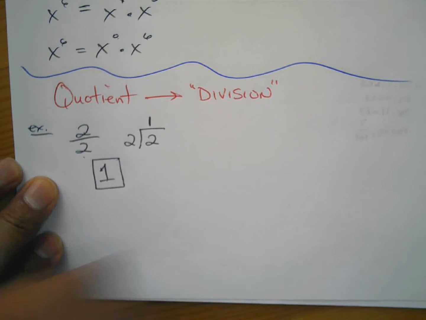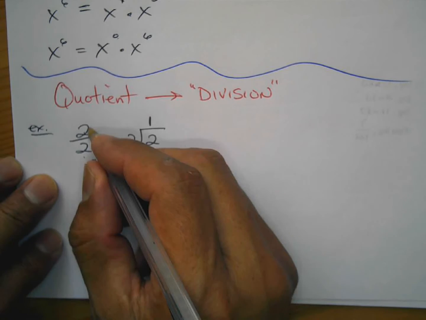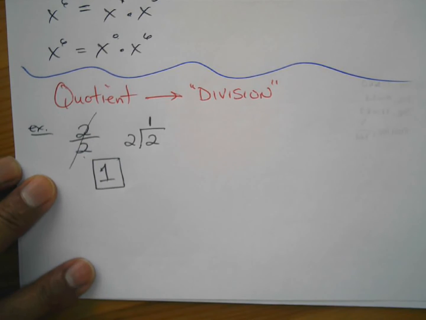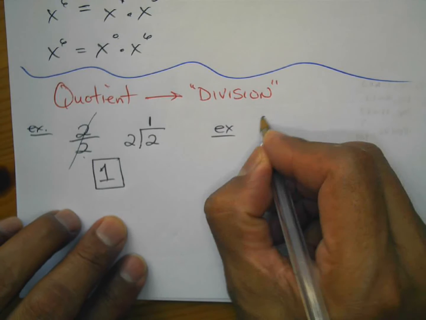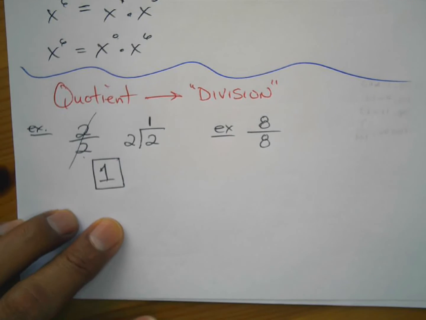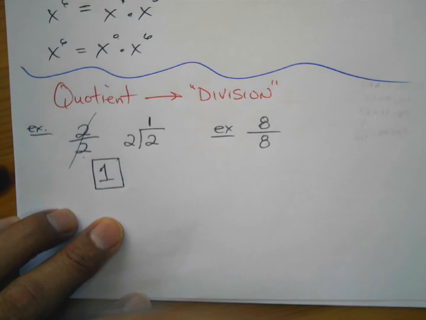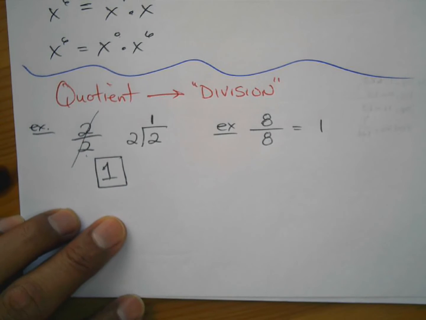When I can get the top and the bottom numbers to match, I know the answer is 1. We say that they divide out, and your answer is 1. And that's true for any number. If I have 8 divided by 8, if I get the same number on the top and bottom, I know my answer is 1. You guys agree with that?